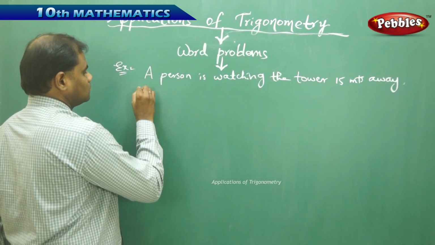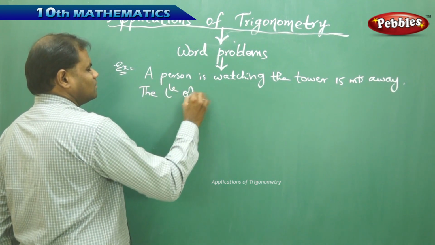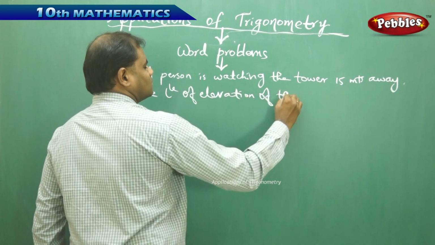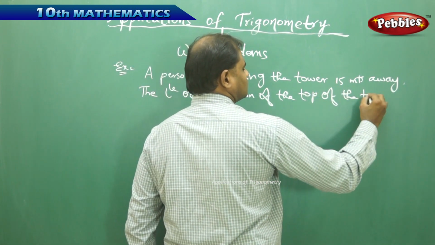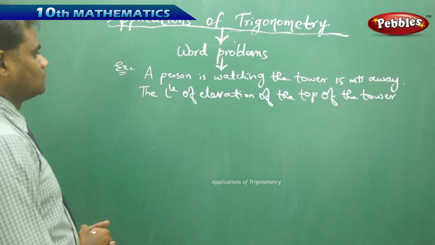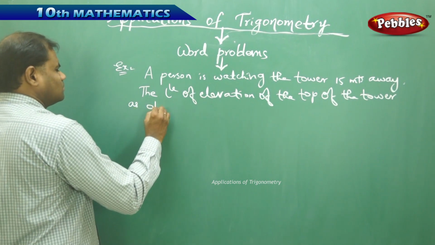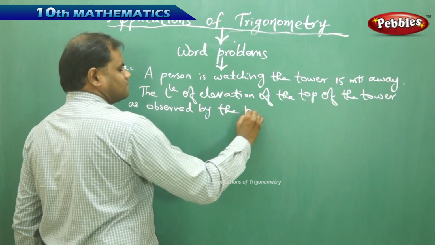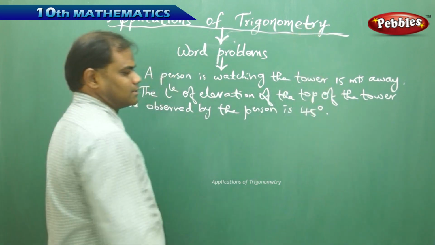Now, the angle of elevation of the top of the tower as observed by the person is 45 degrees.